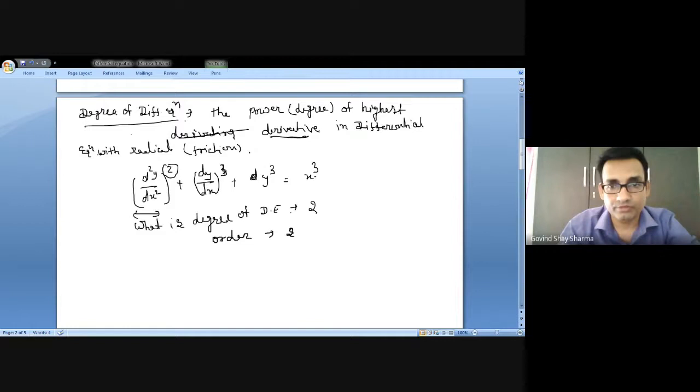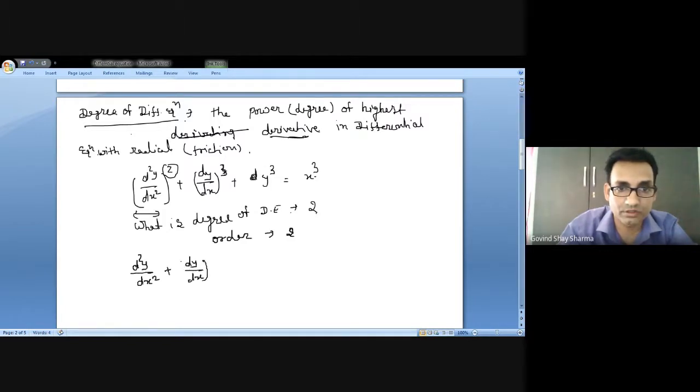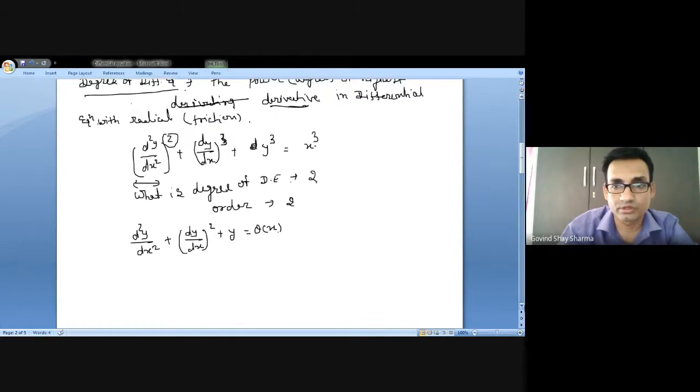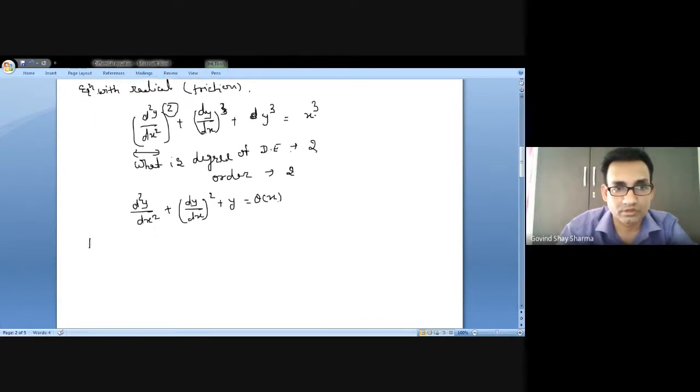So again, for example, one more example we take: d2y dx2 plus dy upon dx. Here the order of the differential equation is 2.